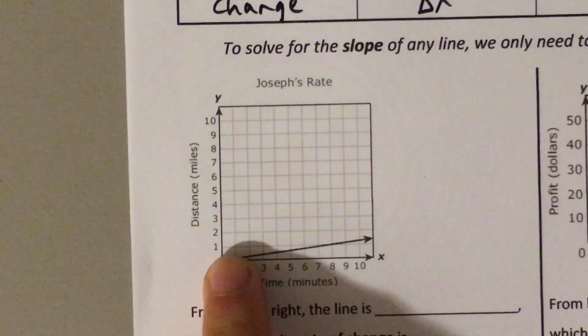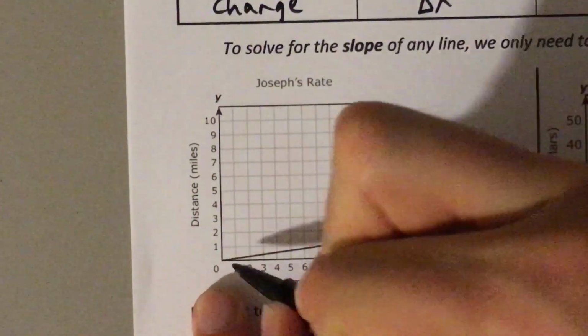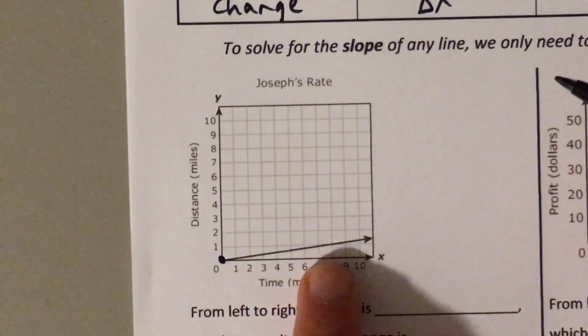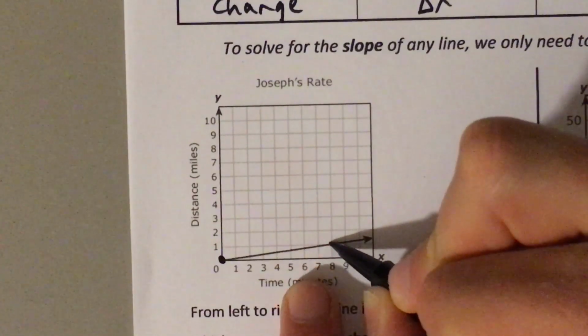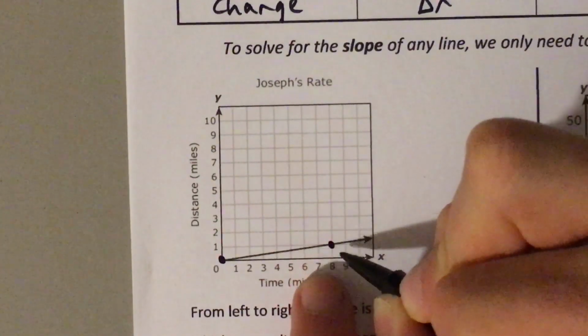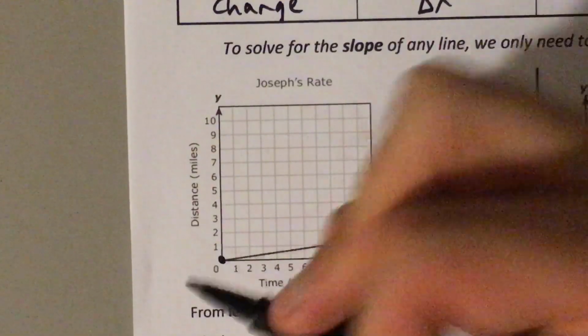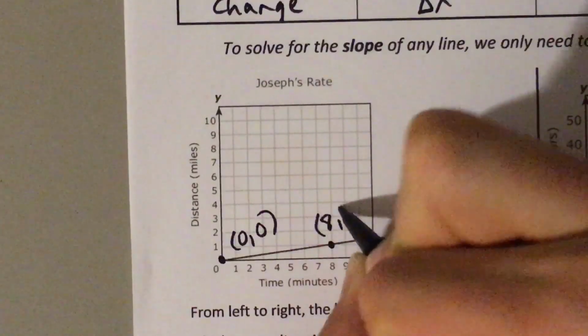Okay, so looking at this example, it's comparing time and distance. As we trace our finger from left to right, we see that there's a point at 0, 0, and we're looking for a perfect intersection. Do you see how at the 8, there's a dot? The 8 and the 1 are crossing perfectly on the grid. So we have a 0, 0 and an 8, 1.